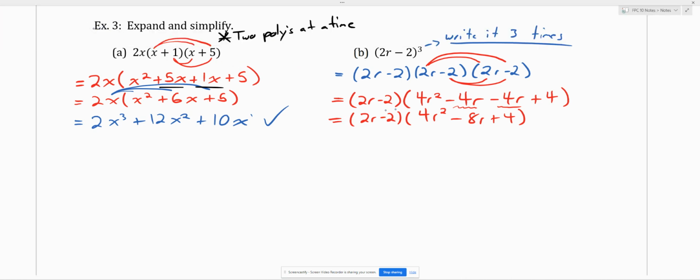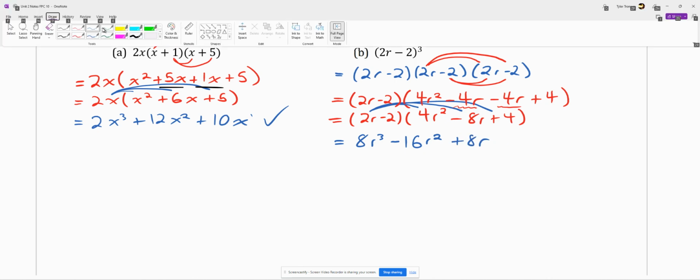Now I can finally take this binomial in front and multiply it with this new trinomial. So the 2r is going to multiply with 4r squared, which gives me 8r cubed. 2r is going to multiply with negative 8r, which is negative 16r squared. And finally, this 2r is going to multiply with plus 4, which gives me plus 8r.